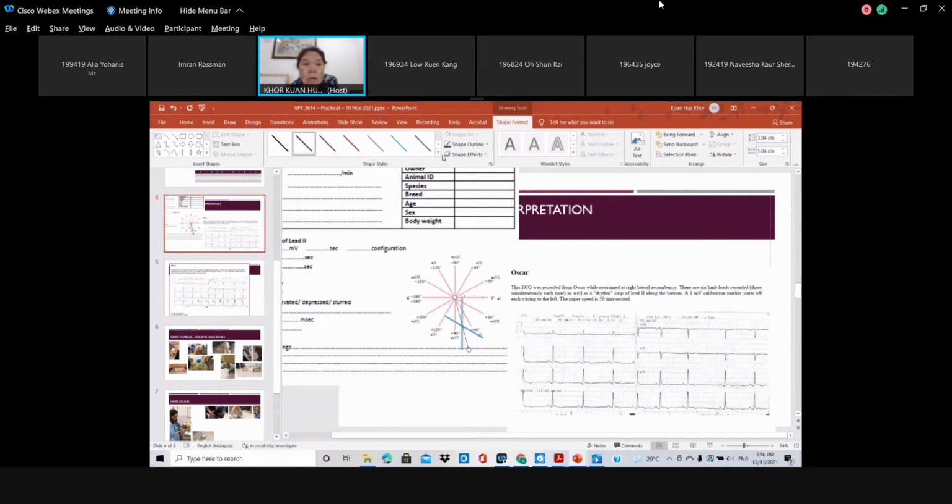Understand? Very easy only. So now you know your mean electrical axis is actually here. This one is 60, this one is 90, so roughly in the middle, 75. Then you tell me, okay, mean electrical axis is actually 75.